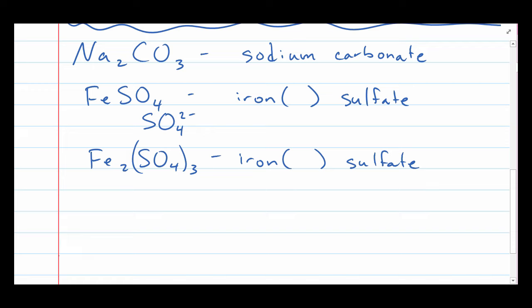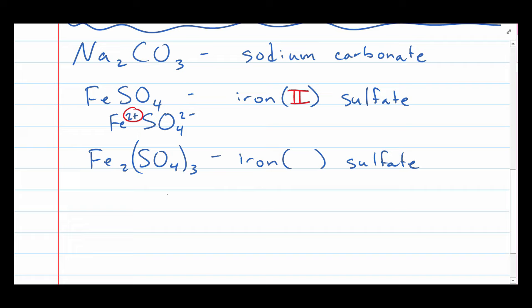What must the charge on this iron be in order to balance charges? 2 plus, because a 2 plus cancels out with a 2 negative. So the Roman numeral is 2. We call it iron 2 sulfate.